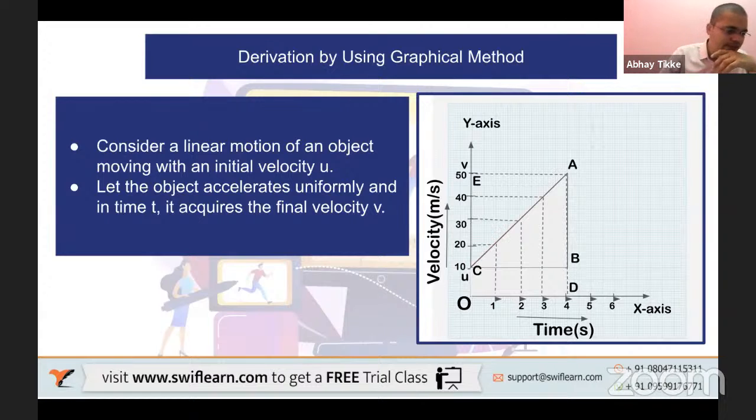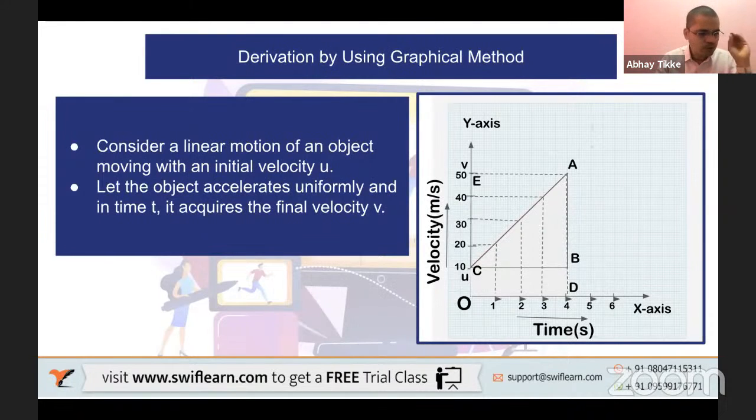Let's see who gives the answer. Uniform motion. I hope you got it. I hope there is no doubt. Okay, very good. Thank you. So it's a uniform motion. Very good. So when do we understand it's a uniform or non-uniform? When the change is constant. The change along x-axis is constant or proportion with respect to change along y-axis. Then we say that it is uniform motion, right?